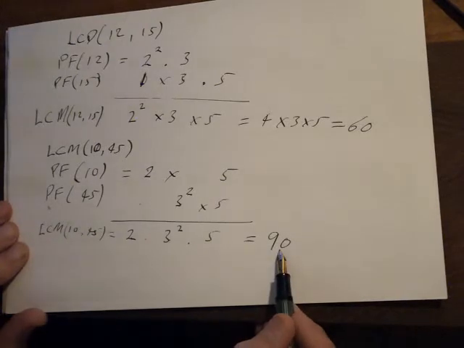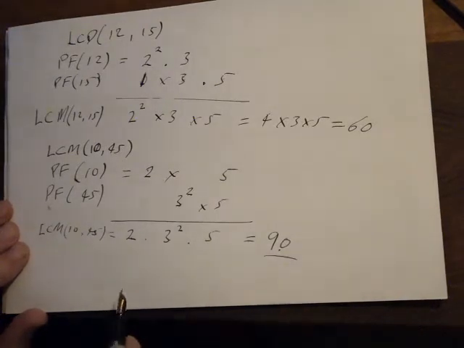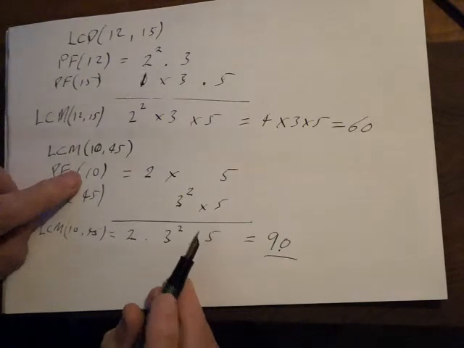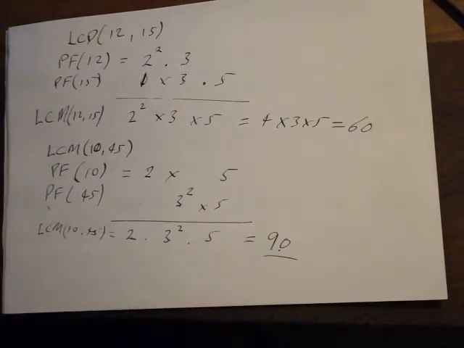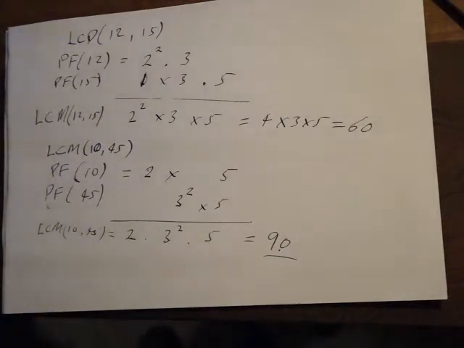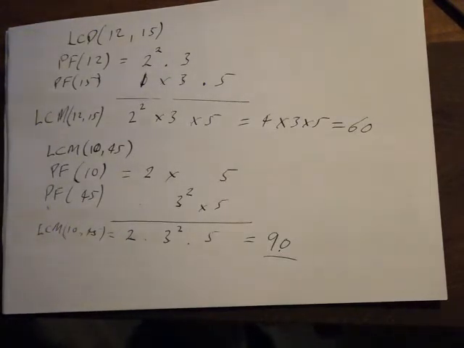Notice that this is a much more efficient way of doing things. It's a much smaller number than taking 10 and just multiplying it by 45. That would give us a common denominator of 450, and that would make our arithmetic rather difficult to do. I'm still rather concerned about video batteries, so I'm concerned about your attention span.